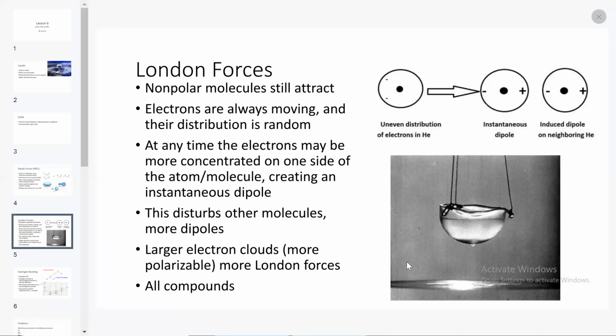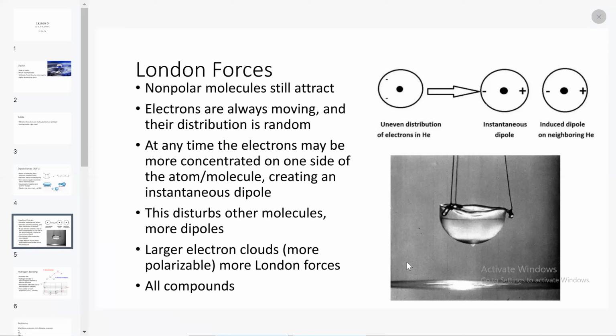So if you look at your periodic table, an atom like iodine has a very large electron cloud. So iodine is quite polarizable, and it has very strong London forces. Okay.